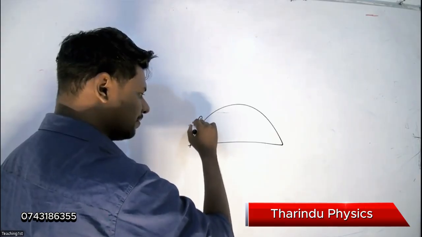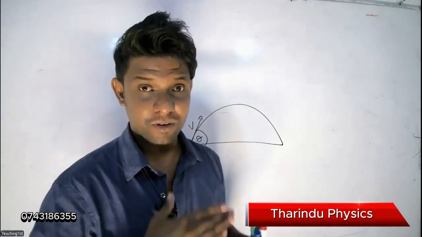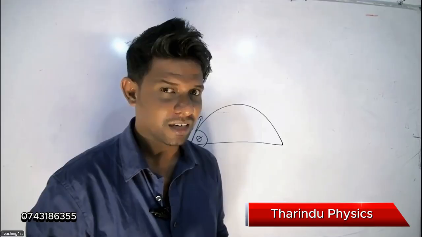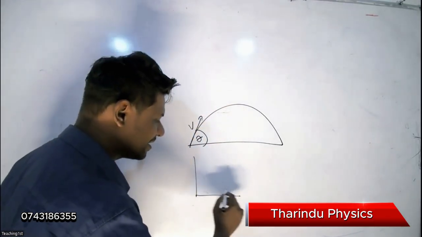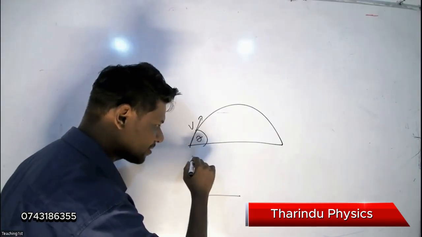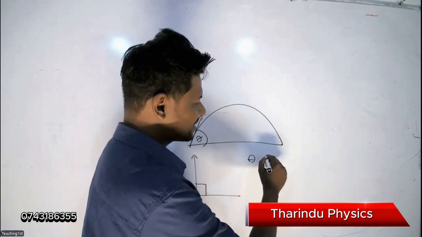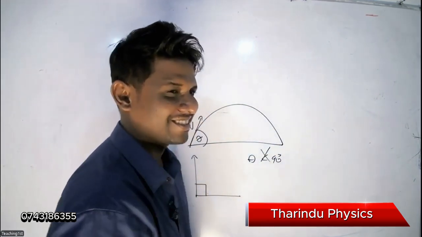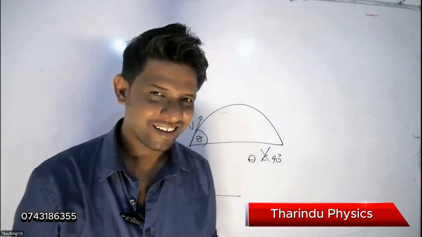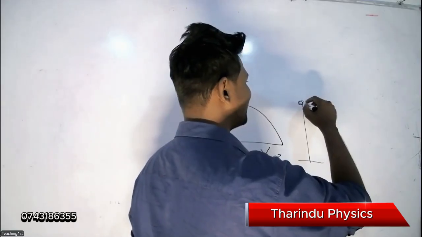Theta with a velocity of v. In our syllabus, we learn projection at an angle to the horizontal. Yes, that angle can also be 90 degrees. 90 degrees is also theta. In this question, they don't say theta is smaller than 90. Nothing like that. Now see, at the highest point, velocity can also be zero.